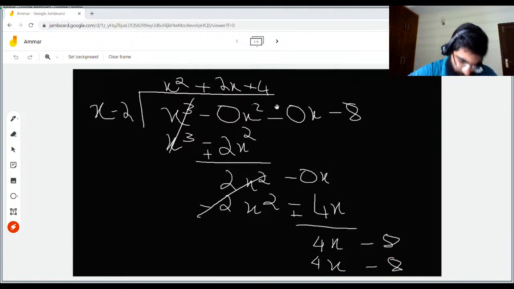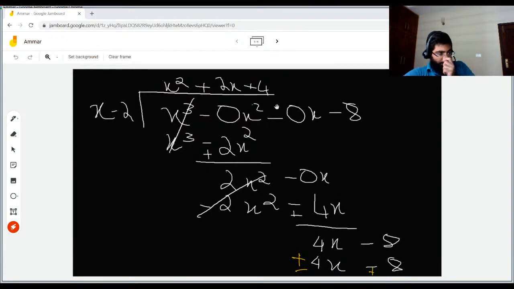Sir, how am I not getting an improper fraction? You will, because if you switch signs, over here, oh yes, got it. It shows that it isn't an improper fraction. This x minus 2 is a factor of x cubed minus 8.